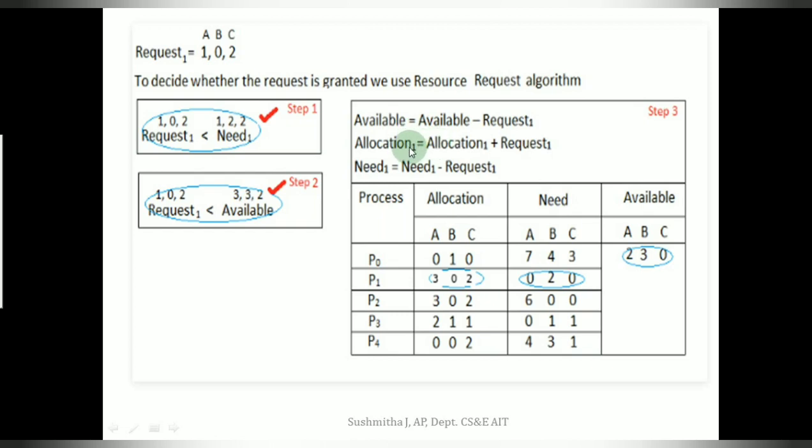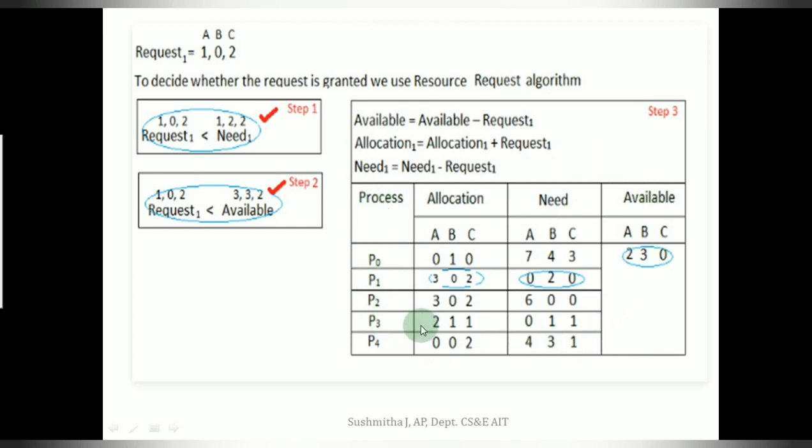The allocation becomes the old allocation plus request, which is your new allocation, 302. And the need matrix, previously 122, now becomes need minus request, which is 020. Now this is our new system.